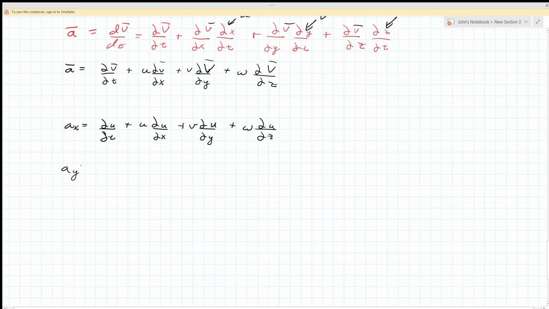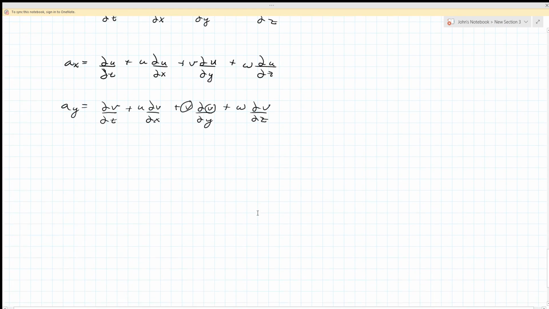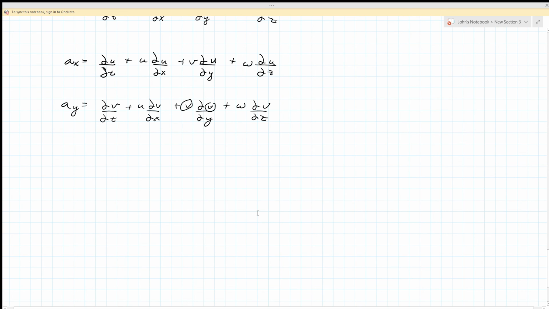A in the y direction: partial v, partial t, plus u partial v partial x, plus v partial v partial y, plus w partial v partial z. Now, this v and this v are the same v. They're the velocity component in the y direction.